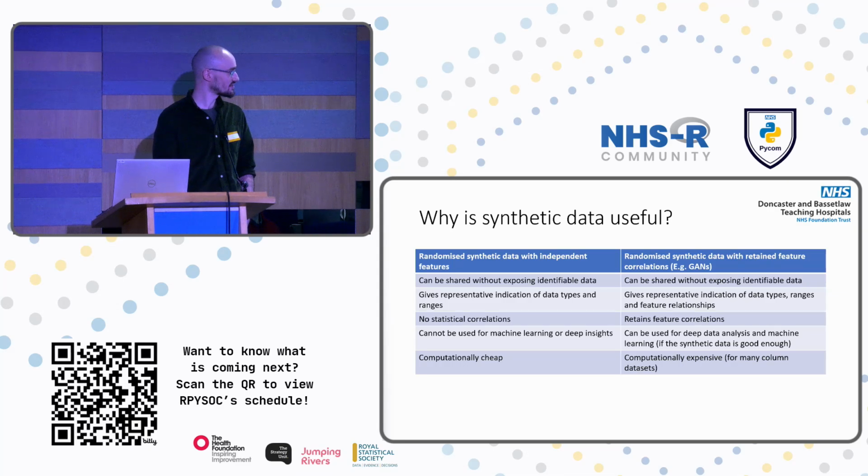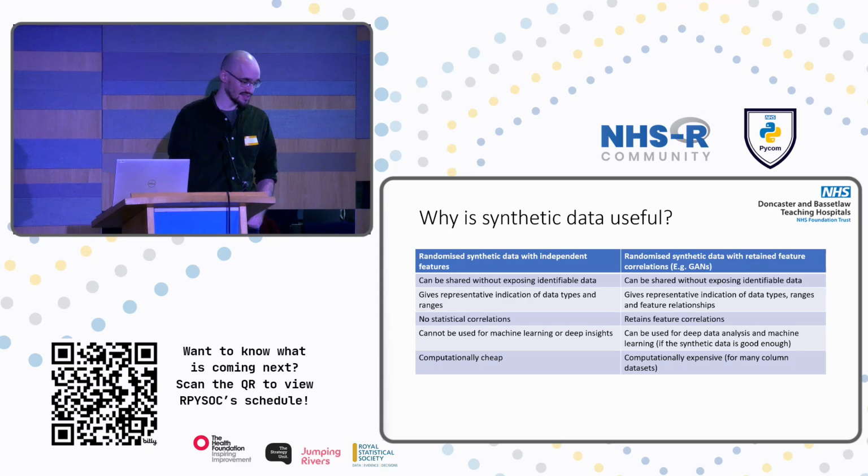So feature columns contain values which are randomly selected from real data, say. There are various slightly more sophisticated ways of doing that. Those are great for giving a sense of the kinds of data in particular columns, which can be useful for people developing early stage models for working with your data. It's very computationally cheap to do.